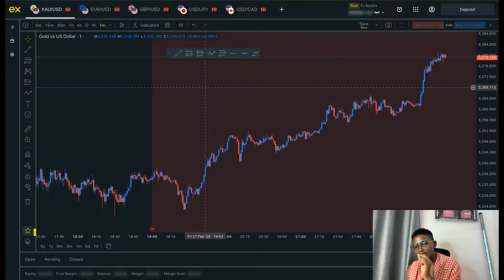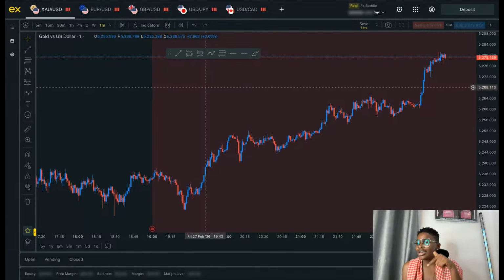And one thing with trading is you never trade against the trend. The trend is your friend. Where the trend is going, go there. If the trend is going up, follow it and go up.